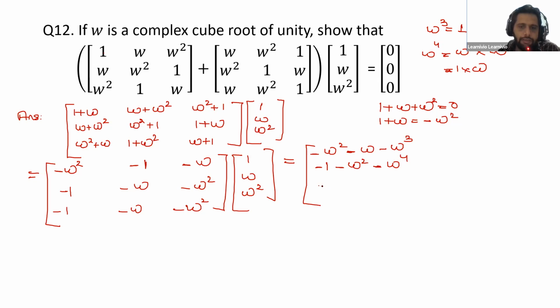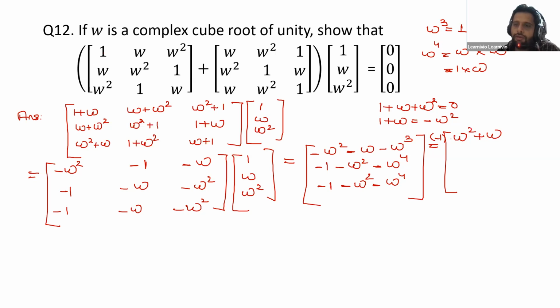Now here we will get minus 1, here minus omega squared, and here minus omega to the power 4. Now this one is minus omega, this is minus omega squared. So take a negative common. You will get minus 1 here, and here you will get omega squared plus omega.